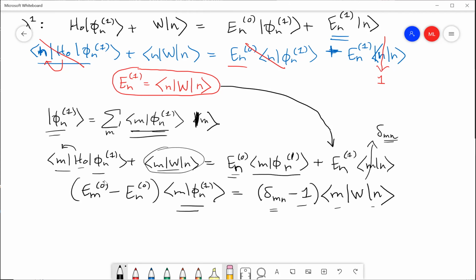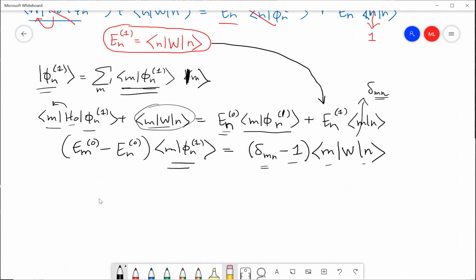And so you can divide through and substitute back into the expression for the state. What do you get? You get phi_n^1 is equal to the sum over m of (1 minus delta_mn) over E_m^0, or sorry, let's see, I flipped the sign here, so this is now E_n minus E_m.